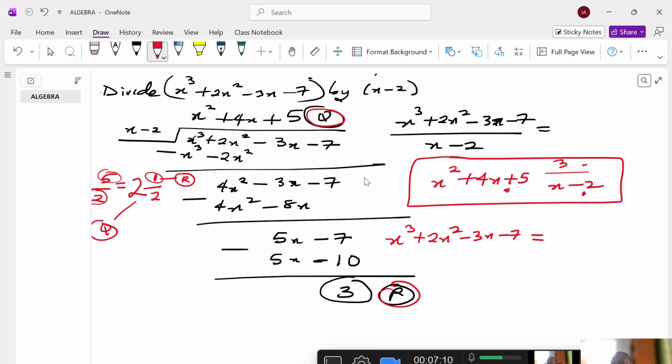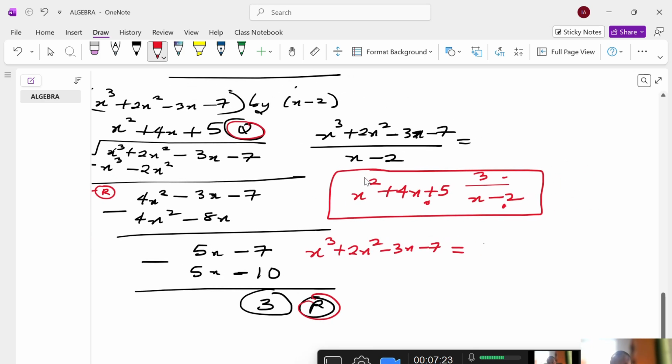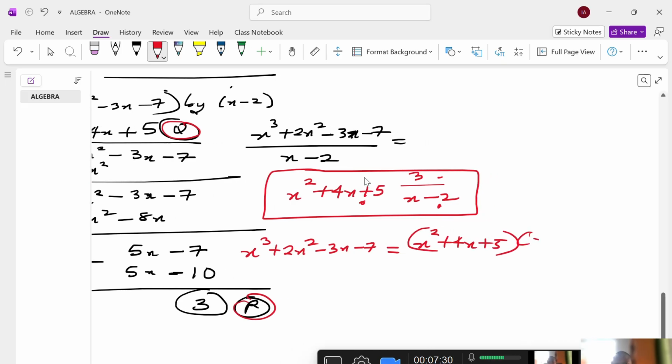Is this understood? x minus 2 times x squared plus 4x plus 5, then plus 3. Is this understood? That is the remainder. That means x cubed plus 2x squared minus 3x minus 7 can be written as x squared plus 4x plus 5, multiplied by x minus 2, then plus 3. So this is the remainder. I hope you understand this. So having understood the remainder, let's move on to the next section.